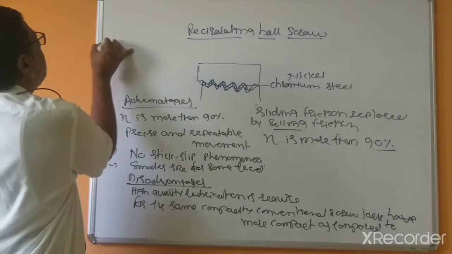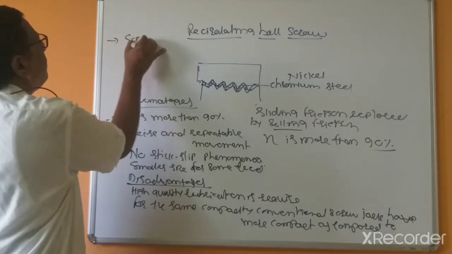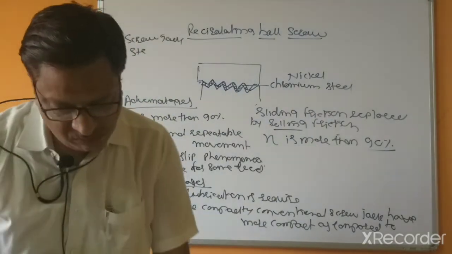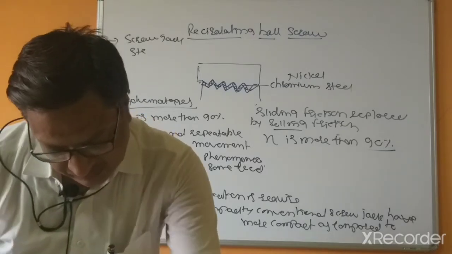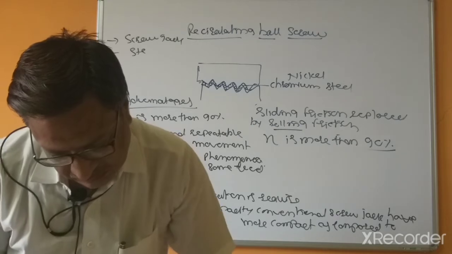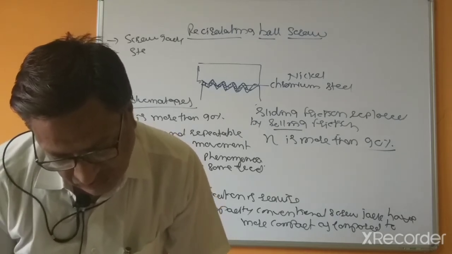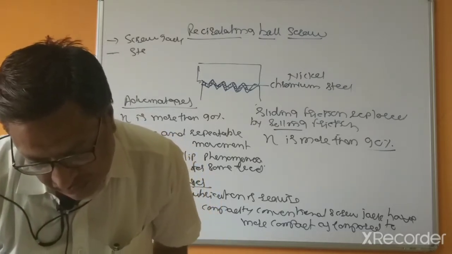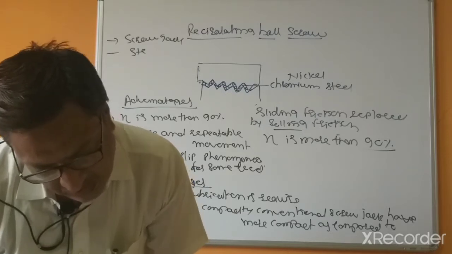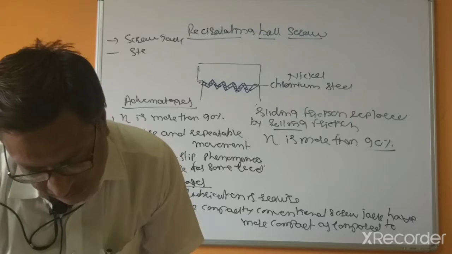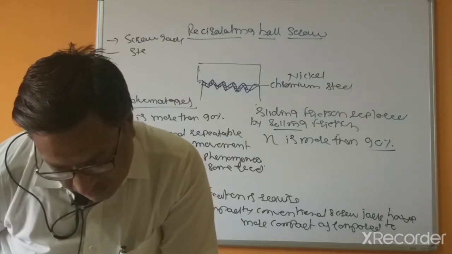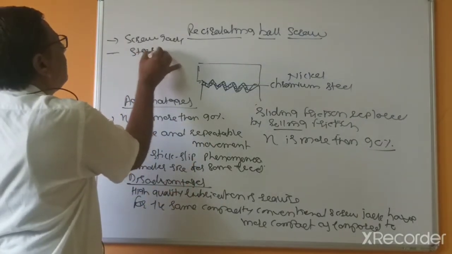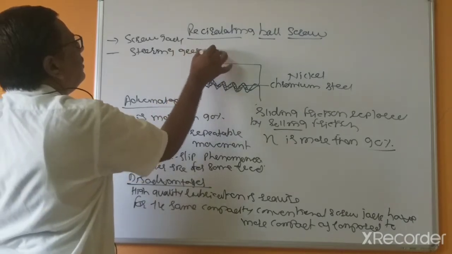Applications: this recirculating ball screw we can use in the screw jack, for the steering gears of automobiles.